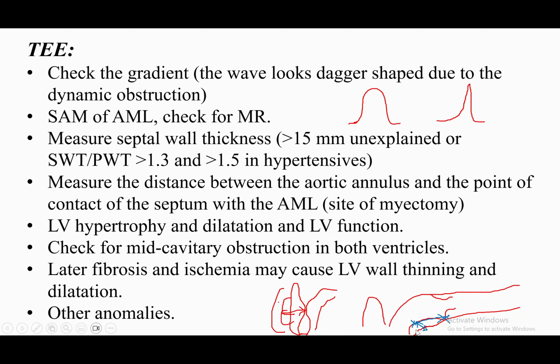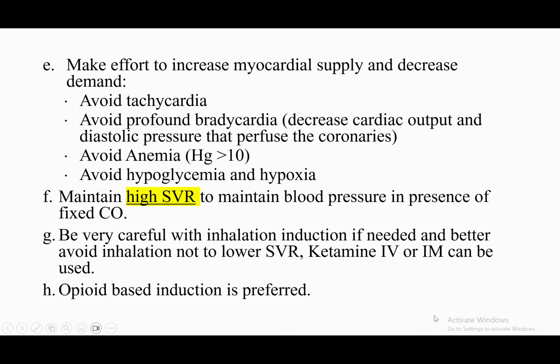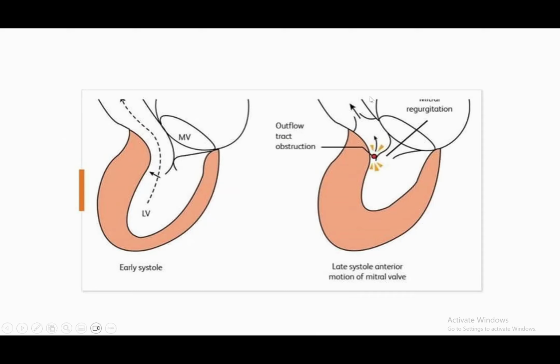So we measure the point of contact of the mitral leaflet with the septum, and the distance of this point from the annulus. If we go back to this patient, this is the distance, this is the point of contact, so we measure this thickness and the distance between this point and the annulus, because the surgeon will come through the aortotomy, will measure this distance, and then he will do the myectomy.